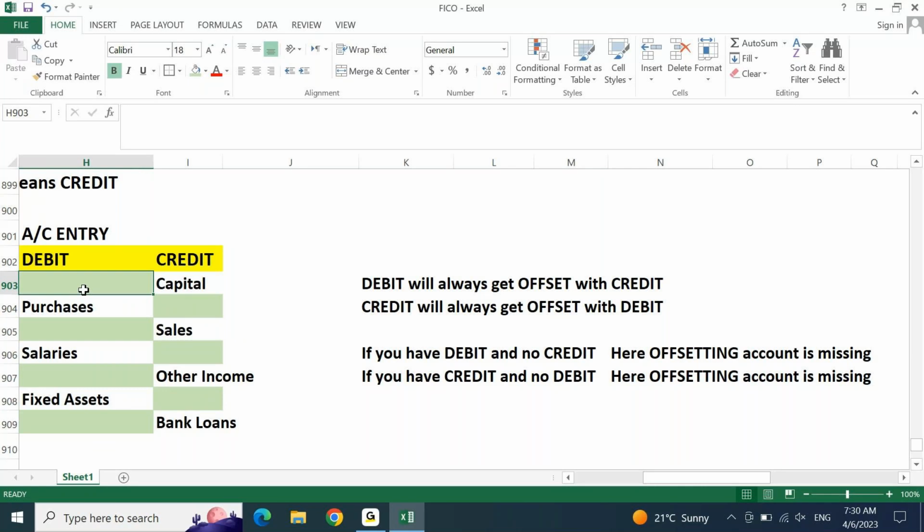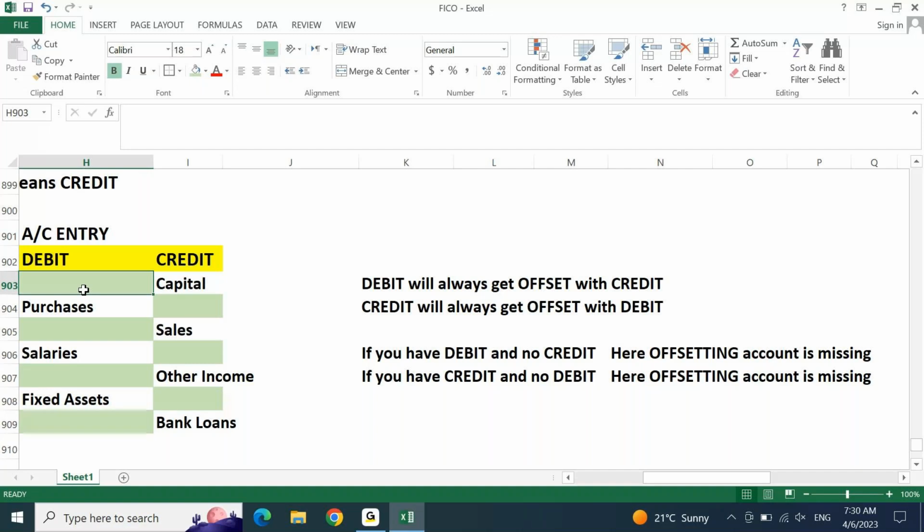Offsetting account, because you do not know which account to be placed there, whether cash, bank, capital, rent, salary, whatever it is. Are you sure what to be placed there on that blank? No, sir. You do not know. That is why you will never say which account is missing. Instead, you will use offsetting account is missing.